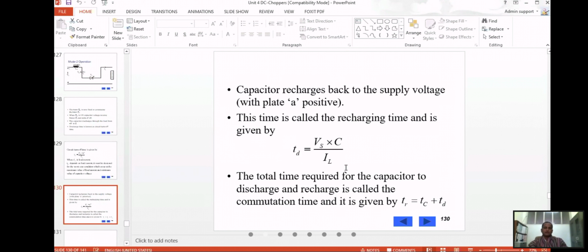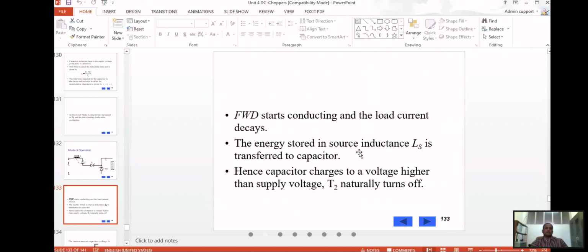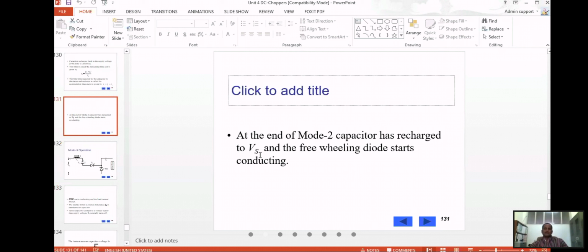At the end of mode 2, the capacitor has fully recharged to Vs, and the freewheeling diode will start conducting.